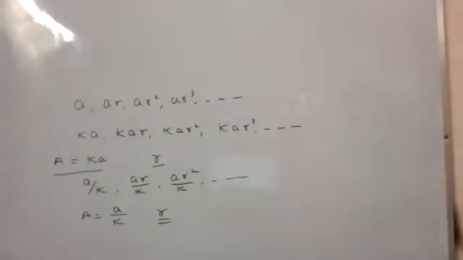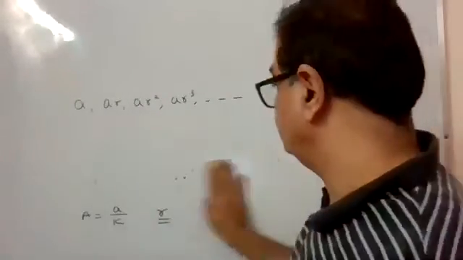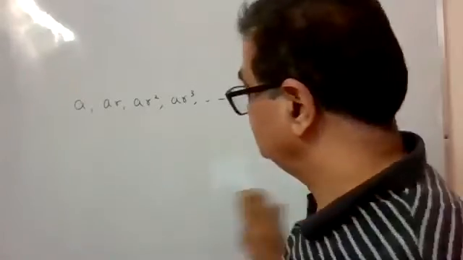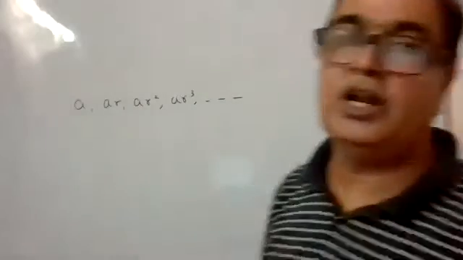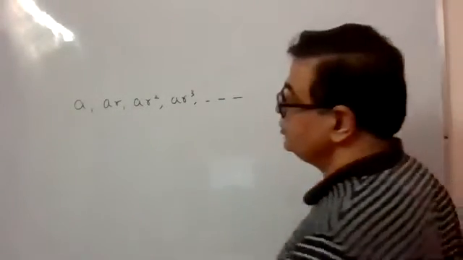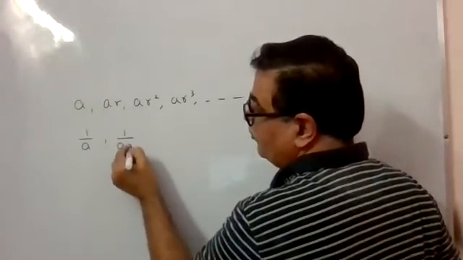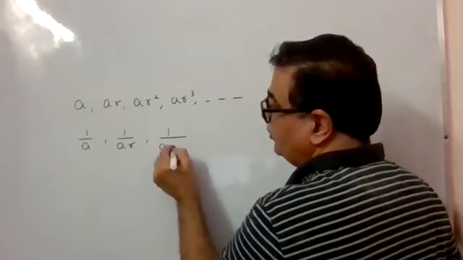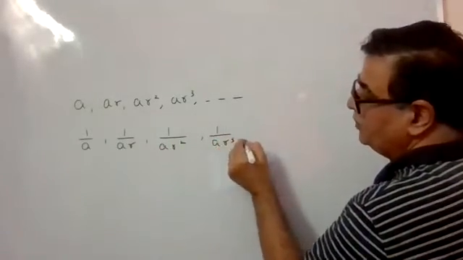Second property, please write down. Reciprocal of terms of GP are also GP. 1 by A, 1 by AR, 1 by AR square, 1 by AR cube.